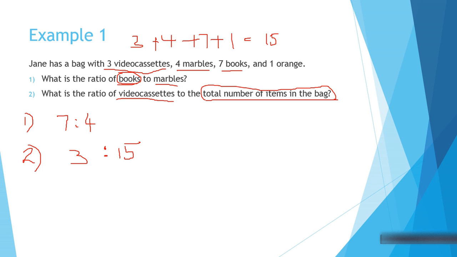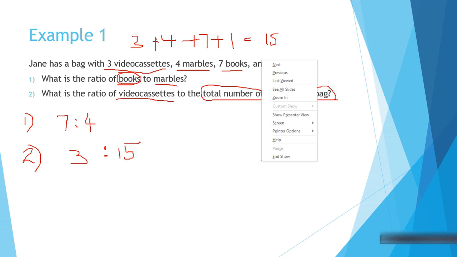Okay, so let's move on to another example question. A bar of chocolate was divided into 12 pieces. Ramani ate 4 pieces and Dylan ate the remaining pieces. What is the ratio of the number of pieces of chocolate eaten by Ramani to the number of pieces of chocolate eaten by Dylan?